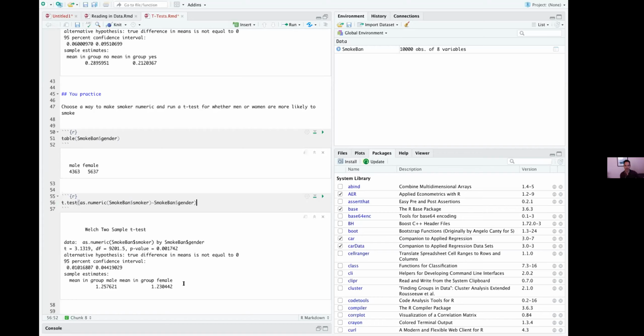Do you want to take a shot at interpreting this for me? Let's see. So 25.7% of those in the male group are smokers, 23% in the female group are smokers.